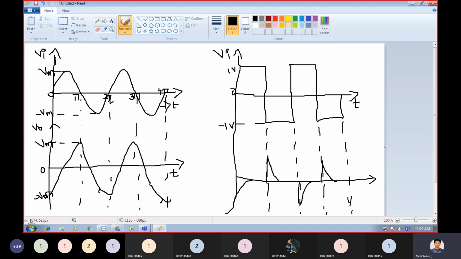Okay, this is the output waveform. This is the positive V saturation, V saturation, minus V saturation. Vo value, minus t.